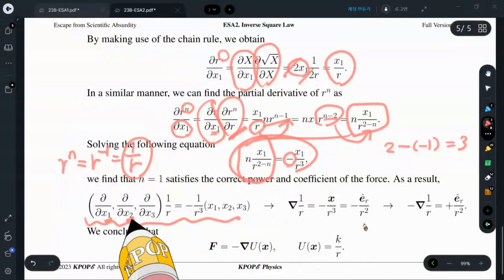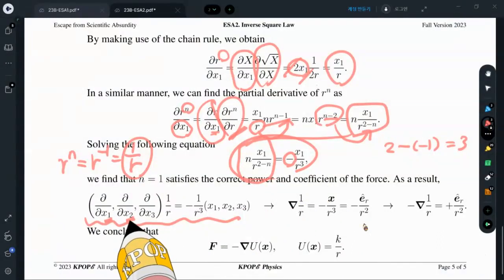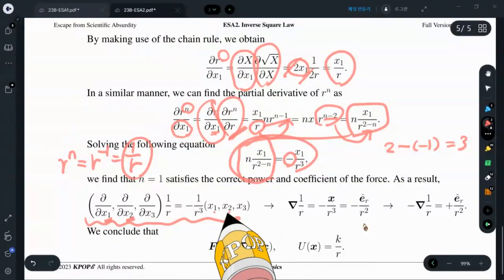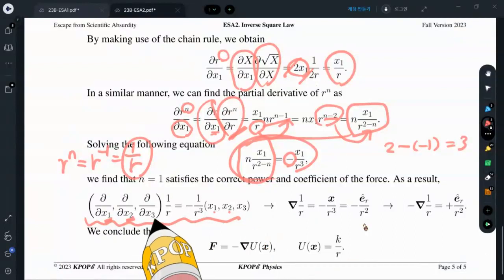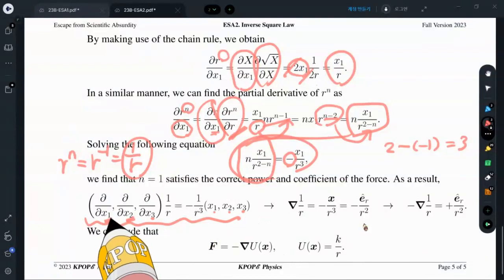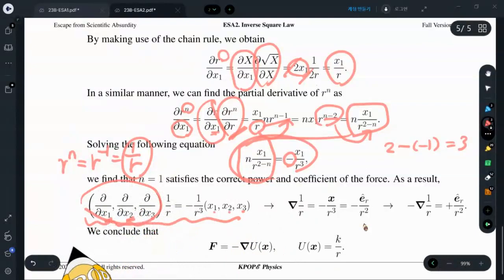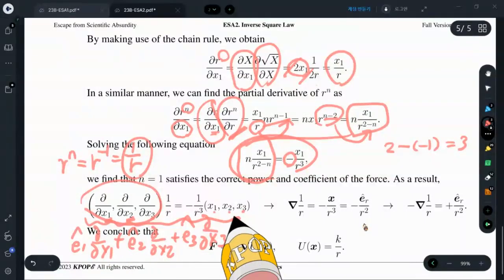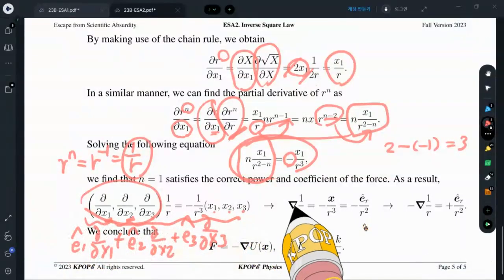If I replace x1 with x2, everything is the same except that x1 is replaced with x2. In a similar manner, the x3 derivative must be this. Finally, if I multiply by e1 hat and so on, and add them all together, what I find is the gradient.